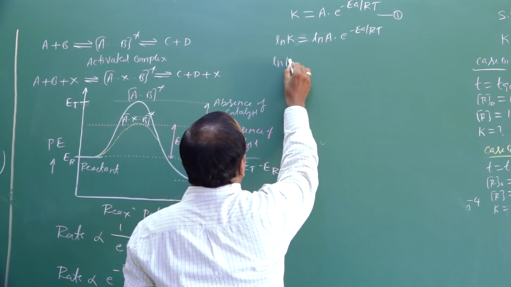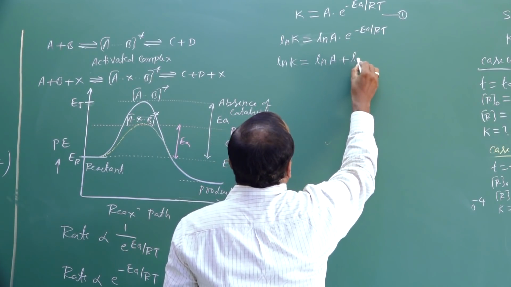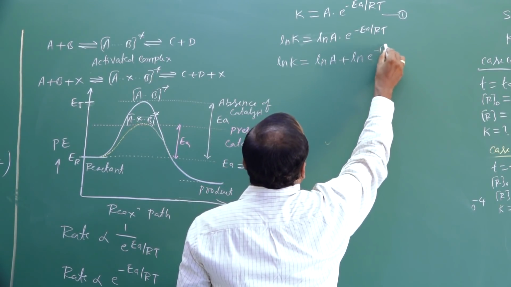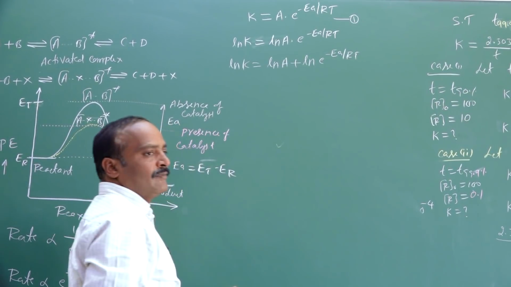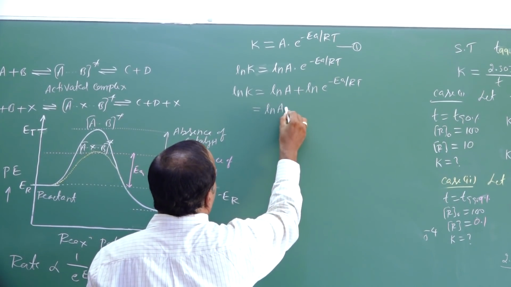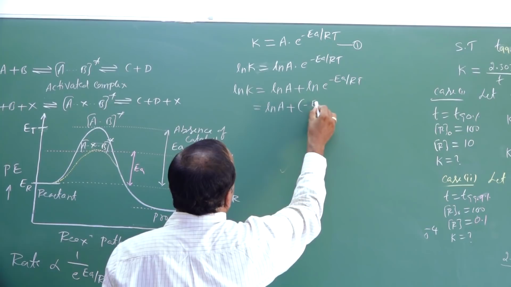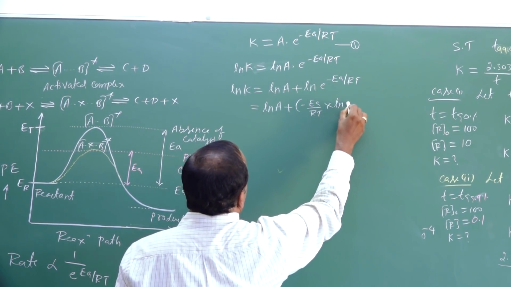Then ln K is equal to ln A plus ln e to the power of minus Ea by RT. It is equal to ln A plus minus Ea by RT into ln e.